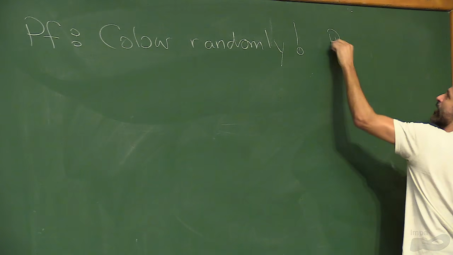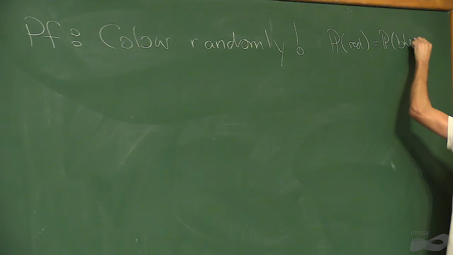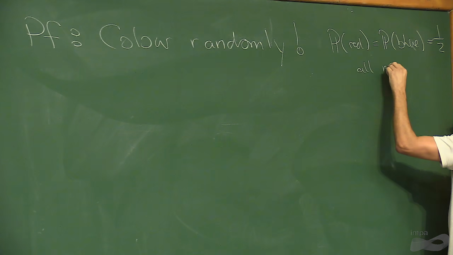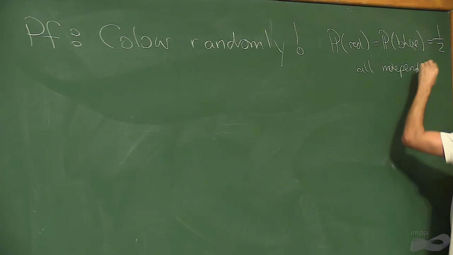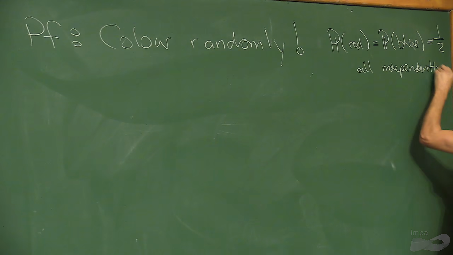Again, probability red, probability blue equals a half, all independently.